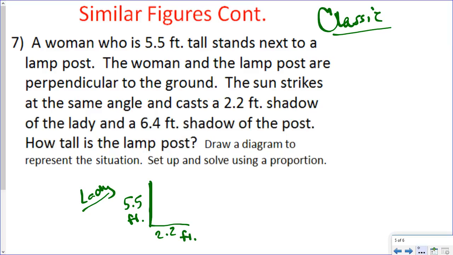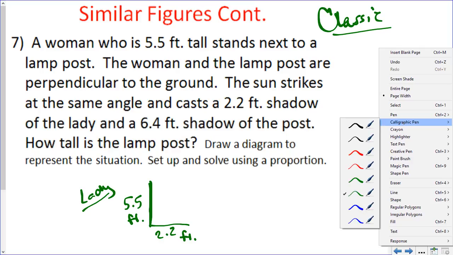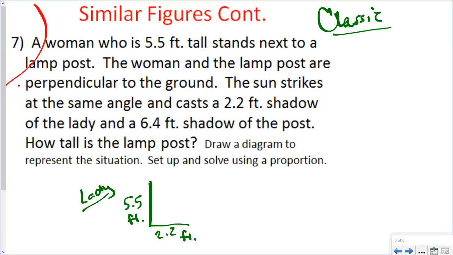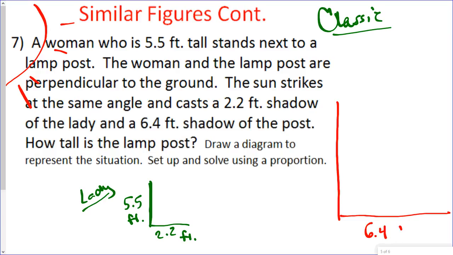The sun, we'll make it red over here in the corner. It's casting a shadow. At the same time, we've got this post, and the post has a 6.4 foot shadow, but we don't know the height of it. Now, that's the same angle.